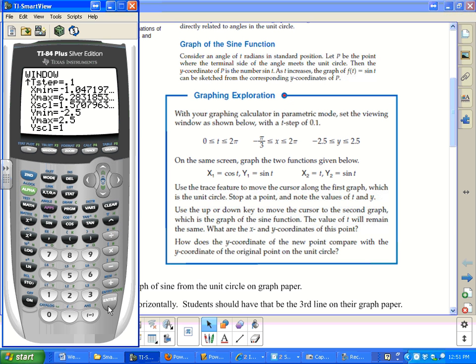This would be your window. T min, T max. X min, X max. Y min, Y max. T step, I would make it like 0.1. Something relatively small. 1.